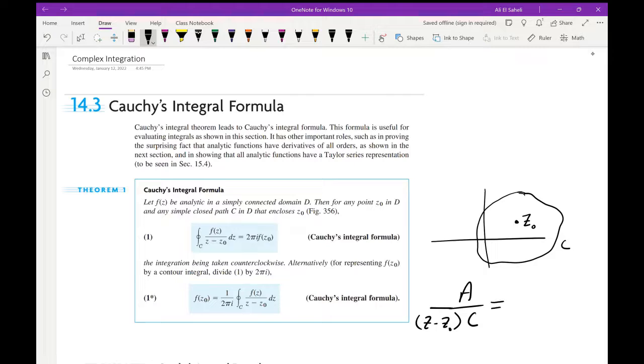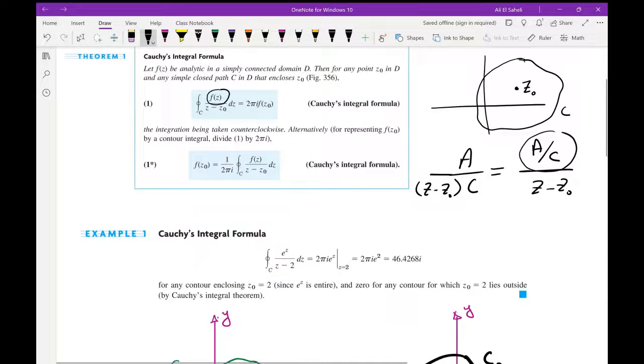Then this is equal to A over C, over z minus z0. The idea is that we want to isolate z minus z0 so that we can apply the formula. In this case, f of z would be this.